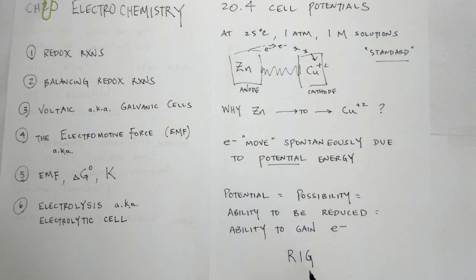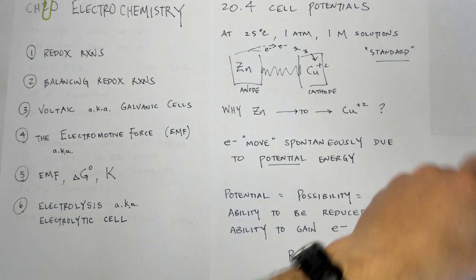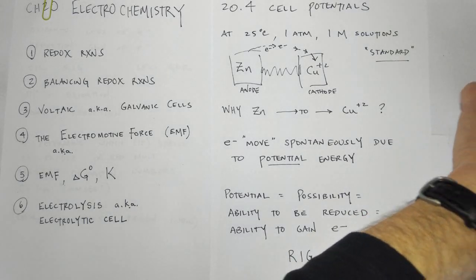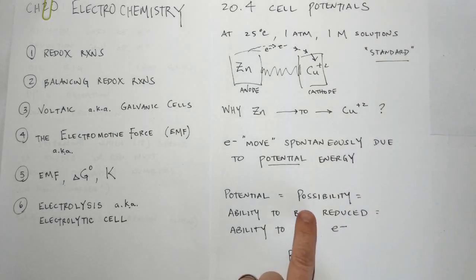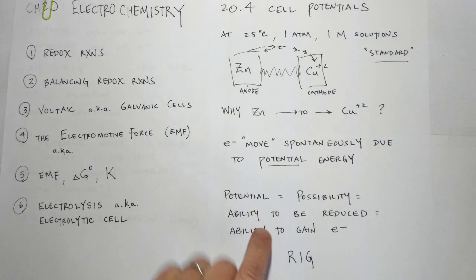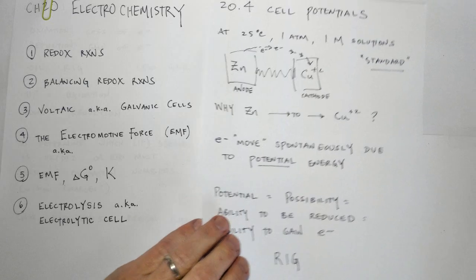This ability to be reduced is actually not unique to just copper and zinc. It happens to everything. Everything has a possibility of being reduced, or a potential of being reduced, that's different from everything else. And these possibilities or potentials to be reduced are ranked.